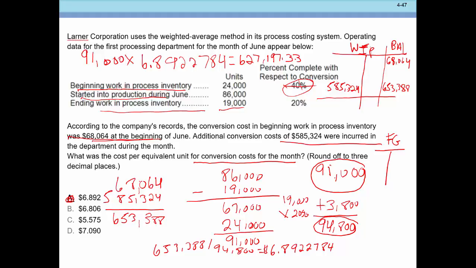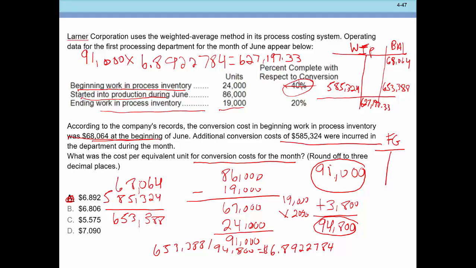Okay, so that's the cost of the items that were completed and transferred out for the period, right? So I go ahead and I subtract those out. 627, now I'll never fit that in there. 627,197 and 33 cents.